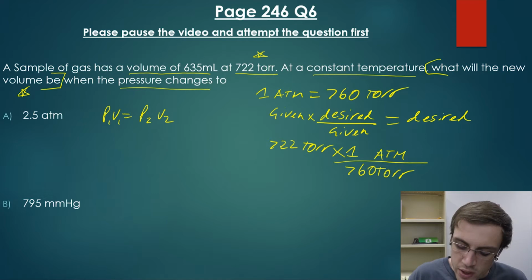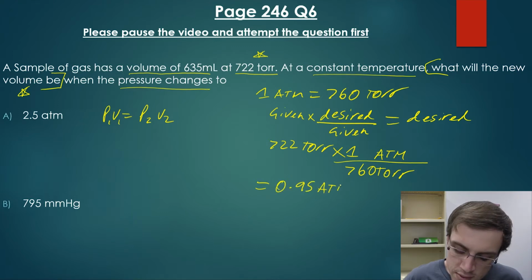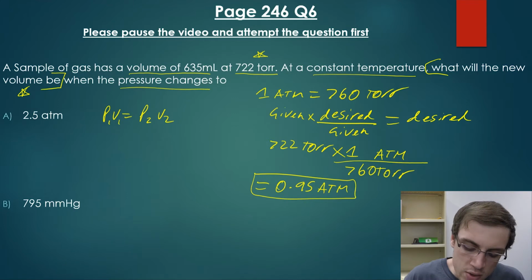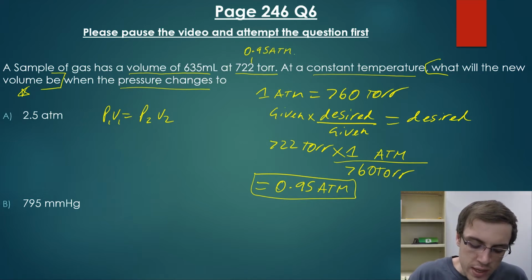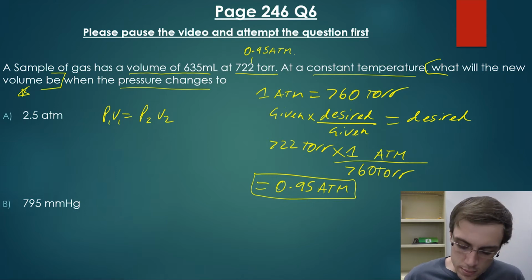To convert this, we go 722 multiplied by 1, which is 722, divided by 760. And that will give us 0.95 atmospheres. So that is what our torr is up here: 0.95 atm. Now is when we can use our Boyle's law.